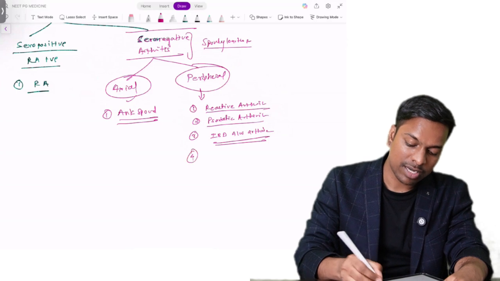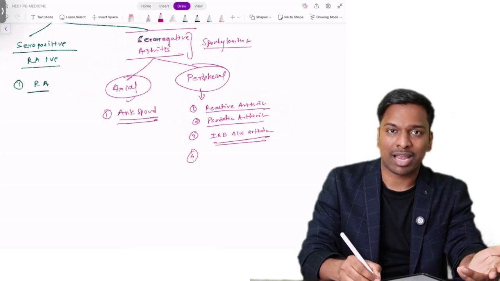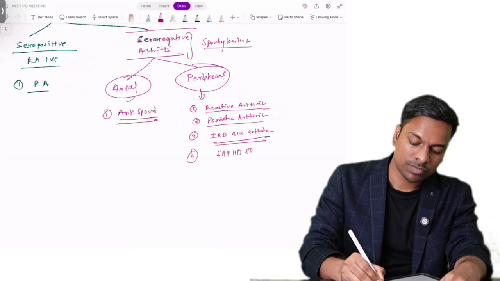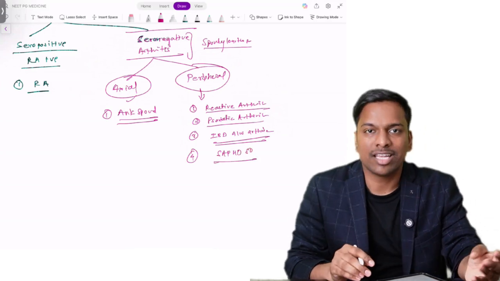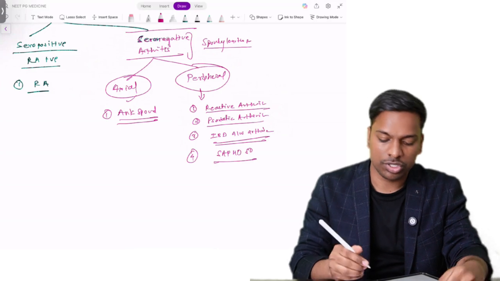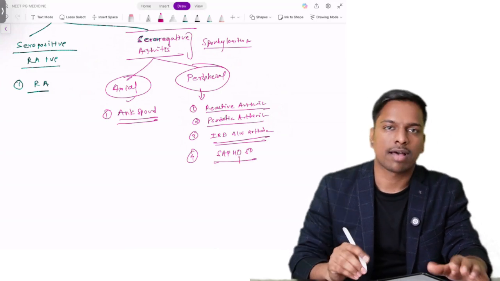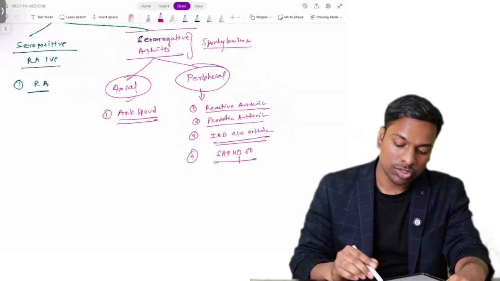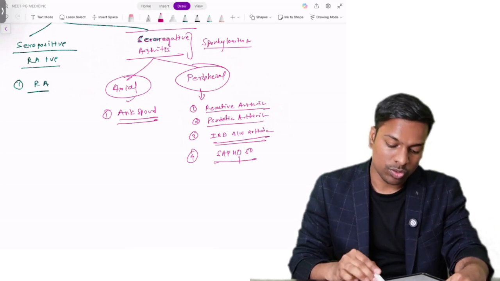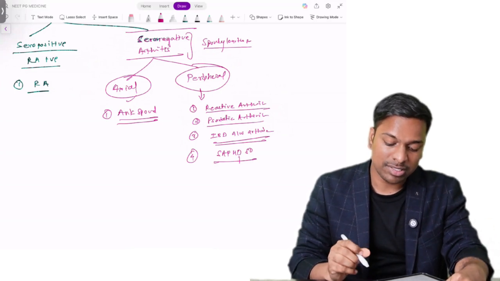Apart from that, one more syndrome can come over here, SAPHO syndrome, that is synovitis, acne, pustulosis, hyperostosis, and osteitis. Don't worry, we'll discuss it again. So these are a few things that are included in the peripheral. Reactive is there, psoriatic is there, IBD is there.